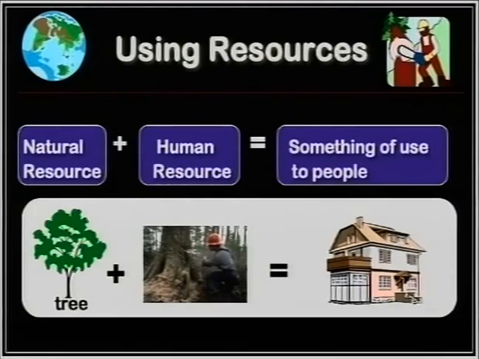Yes. So natural resource plus human resource will give you something useful.